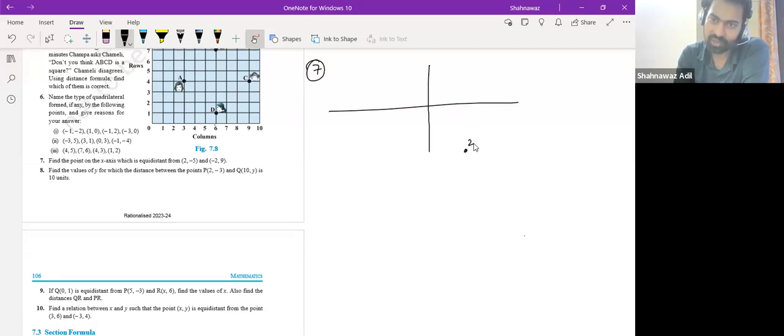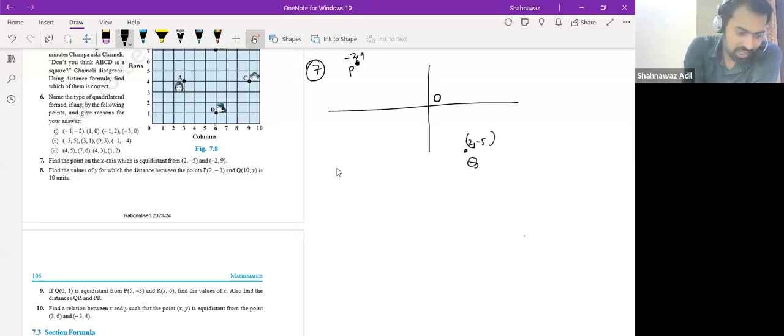And then minus 2, 9. So you have this point. Let's say this is point P, and this is point Q.